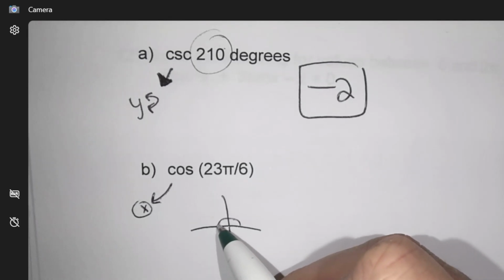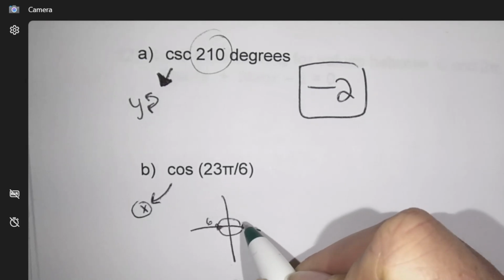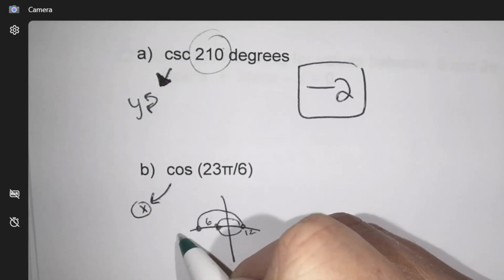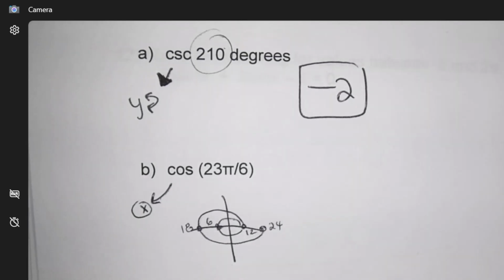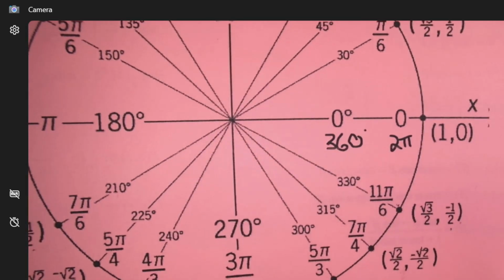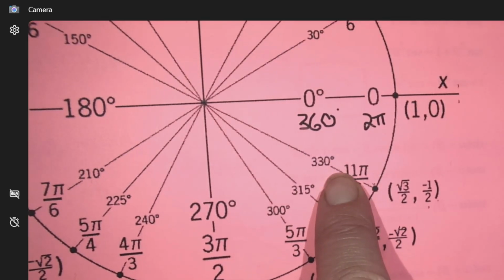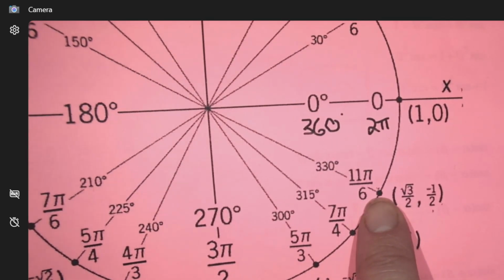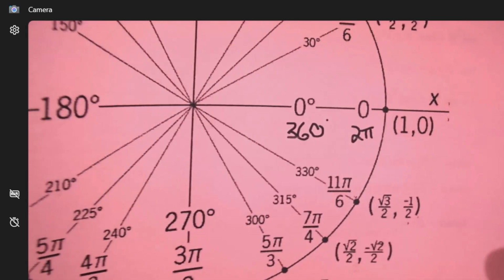So 1 pi is 6. 2 pi would be 12. 3 pi would be 18. 4 pi would be 24. So I'm in quadrant 4, and which one has the 6 on the bottom? So I'm at 330 degrees. And then it told me to grab the x. The cos is the x, so root 3 over 2.